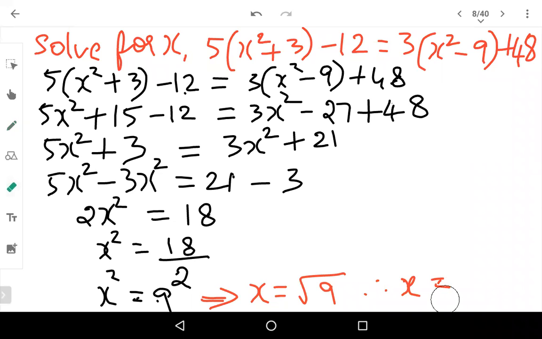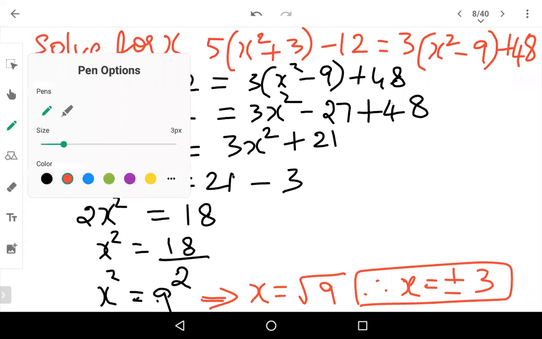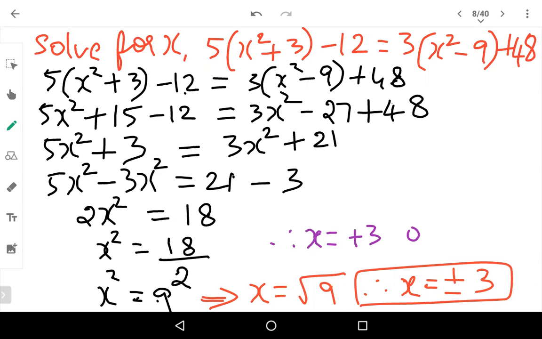But here in a quadratic equation, you have to give two roots, that is plus or minus 3. Okay, so this will be the answer. And how do you write the conclusion here? Therefore, x is equal to plus 3 or x is equal to minus 3. This is how you write the conclusion.